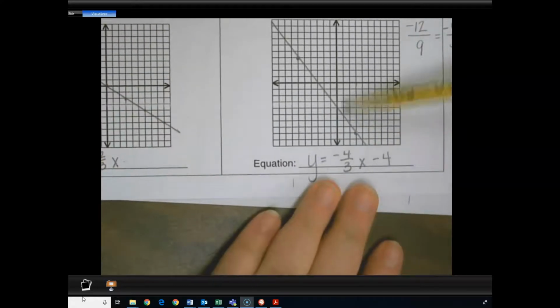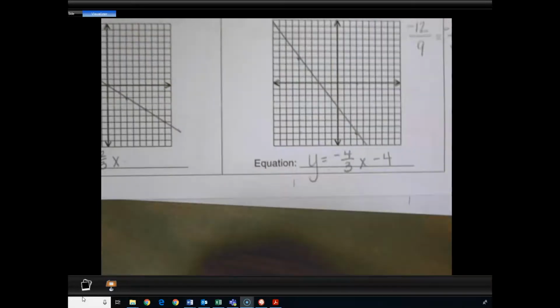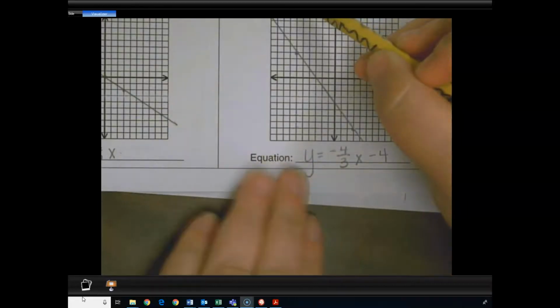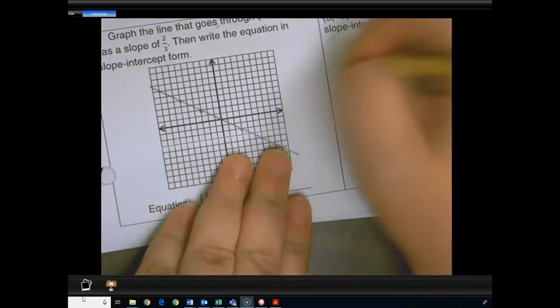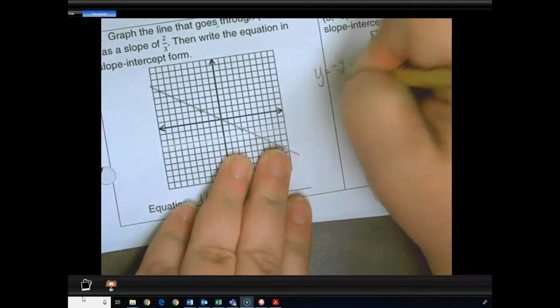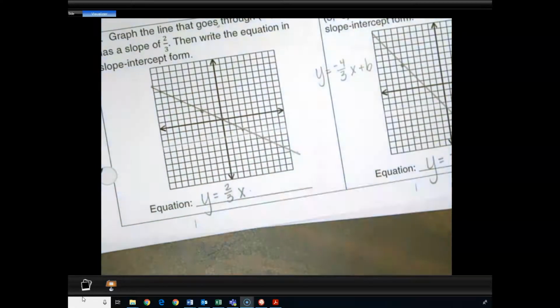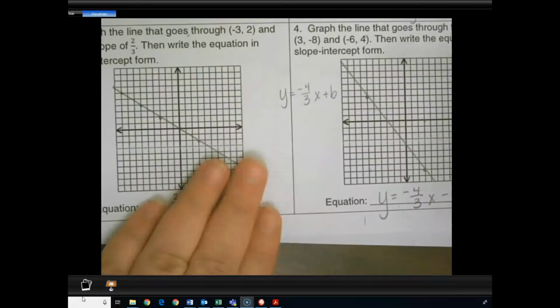Another thing is, what if I can't tell where it's crossing on the y-axis? What if it's in between, or is a half? How would I be able to tell that? Well, I do have points here. I can take y equals negative 4/3 x plus b, because remember, I'm saying maybe I don't know what the b equals, and I can plug this point in.